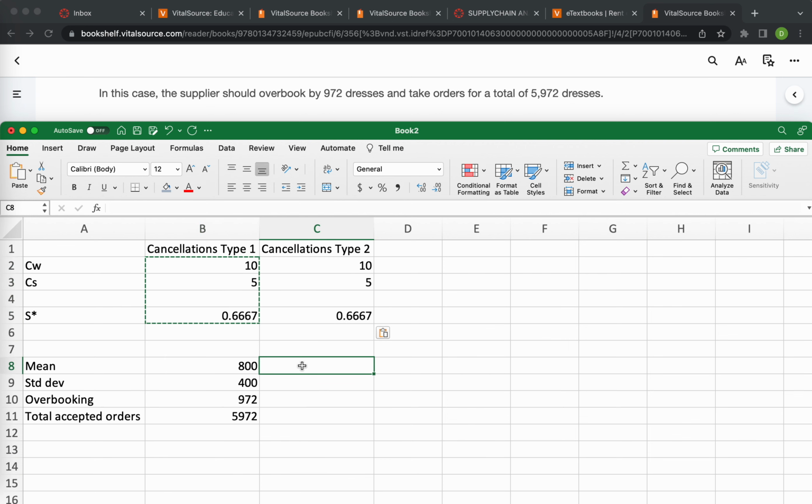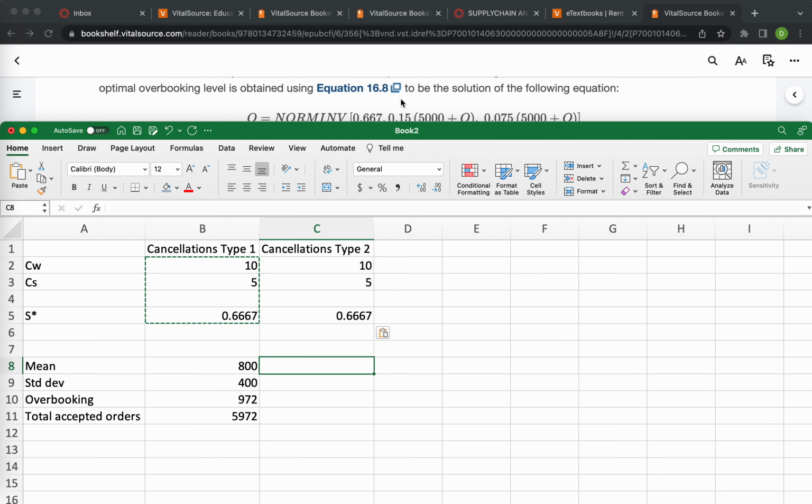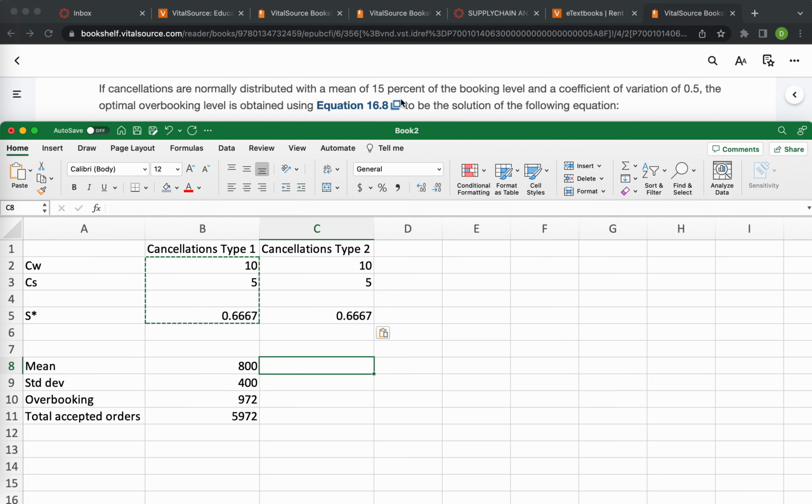Now mean and standard deviation are given to us differently here, and that's something to keep in mind. We know that the mean is 15% of the booking level. So whatever booking level you have, 15% of that booking level is going to be the mean.